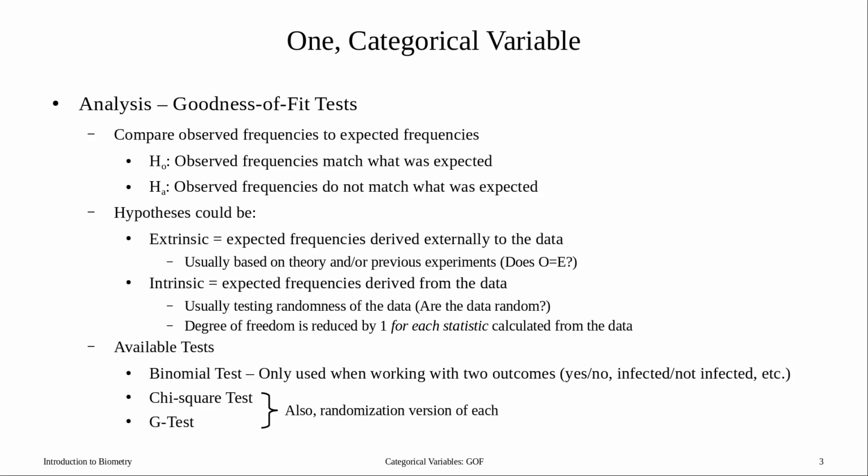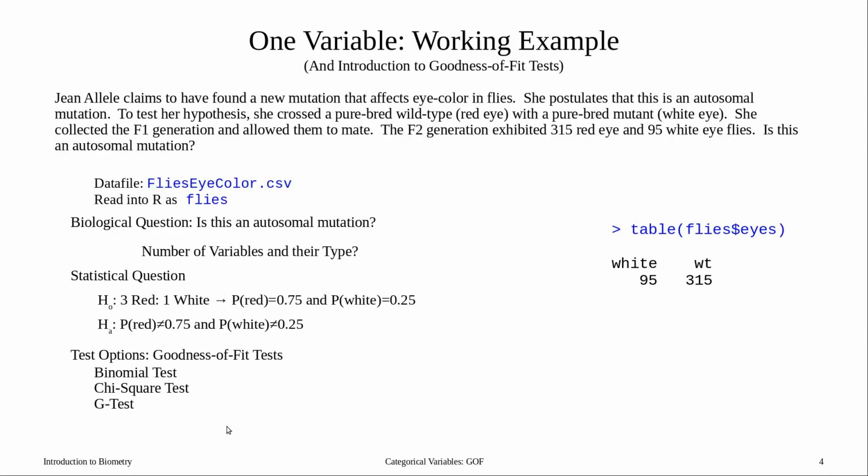We learned about binomial distributions earlier in the class. Feel free to go back and look at how we calculated probabilities. The second broad types are the chi-square test and the g-test. These can be used when we have two outcomes or more outcomes. Also, we have randomization versions of each of these, chi-square and g-tests.